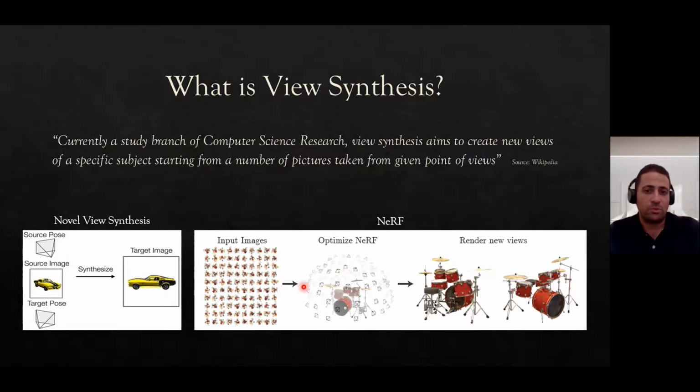So the input images look at the object from different angles and positions, and for example, we need to render how this object would look from an angle or a position that was not presented in the input images. So basically, this is the idea of view synthesis, which this paper is trying to solve.